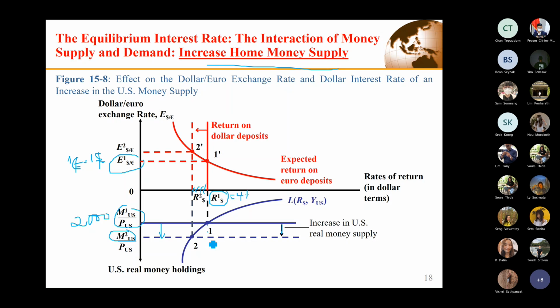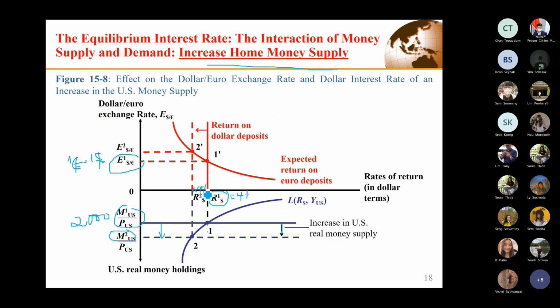There is more money than what people need. So the interest rate would be lower. If you have more money than what you need, please borrow from me, I'm going to give you a low interest rate. So the interest rate would drop in this case. And remember that the interest rate is the driver, the predictor.